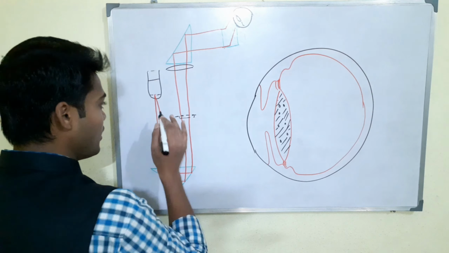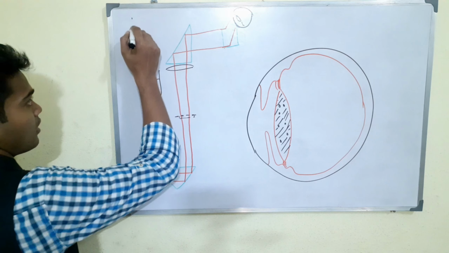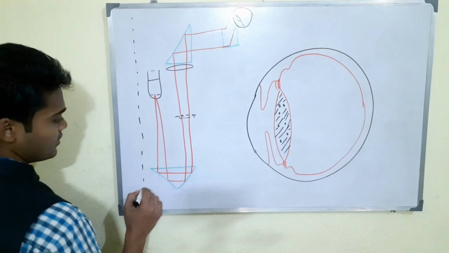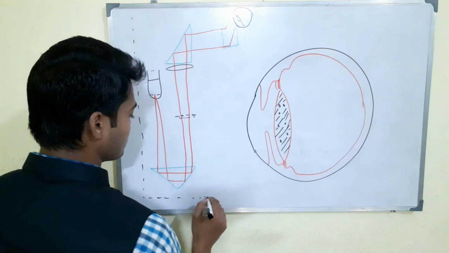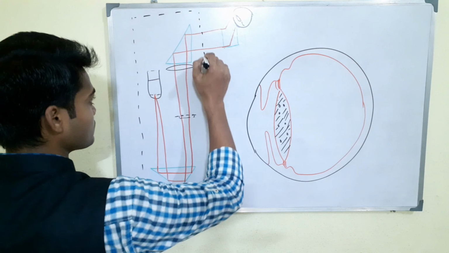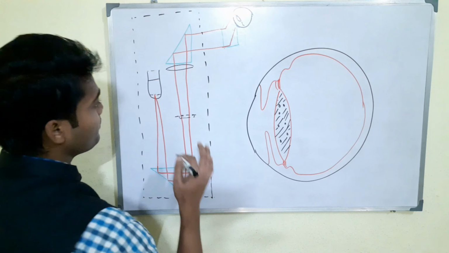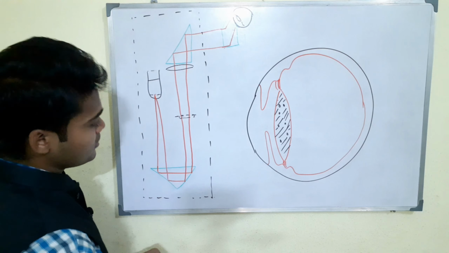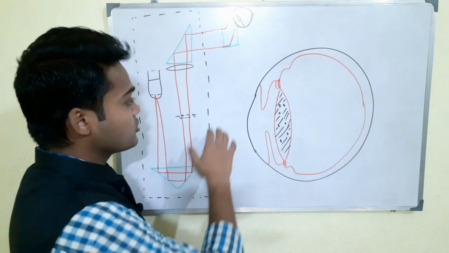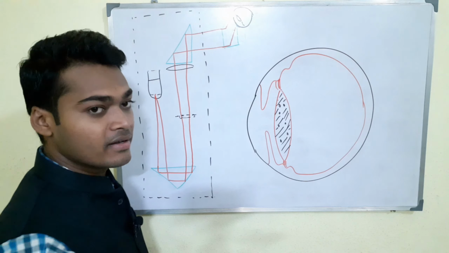All these setups are fixed inside the box. This is the diagrammatic representation of the potential acuity meter, and now I will show you what actually happens inside.